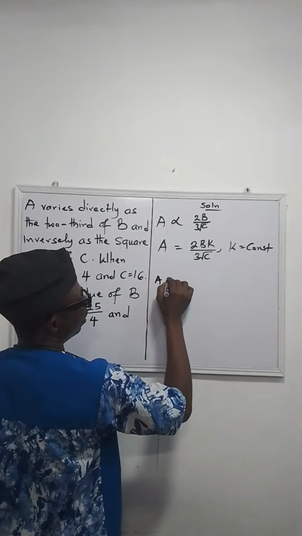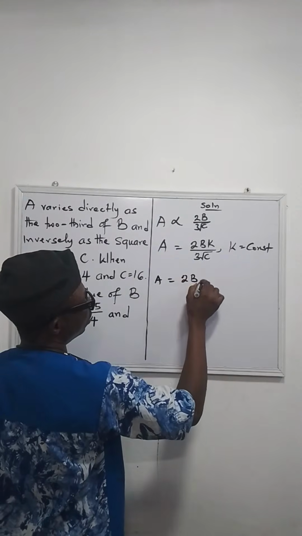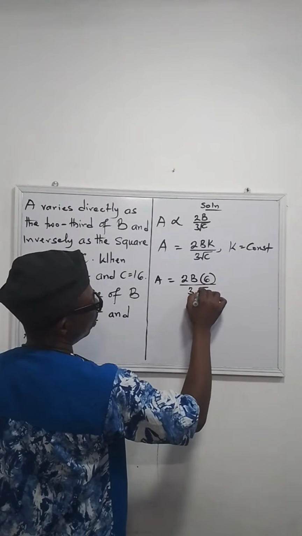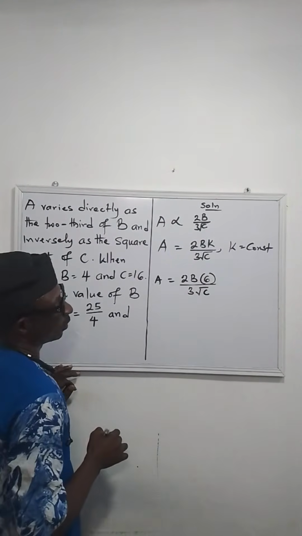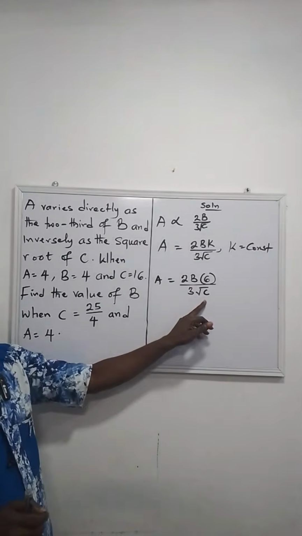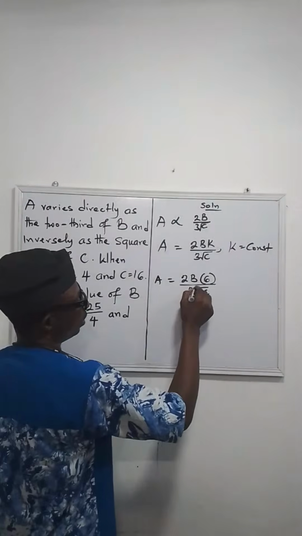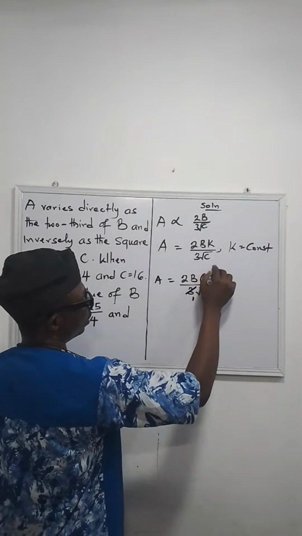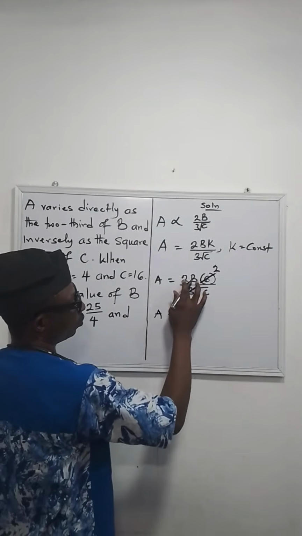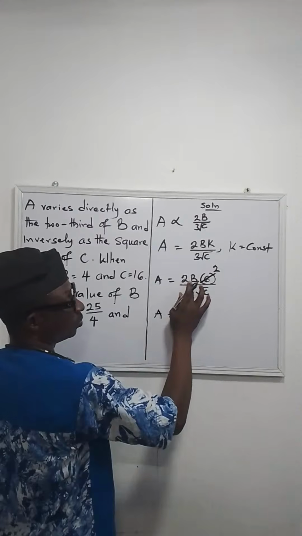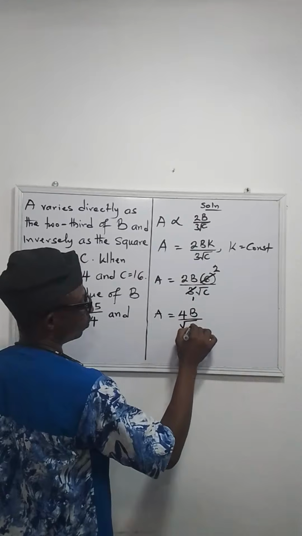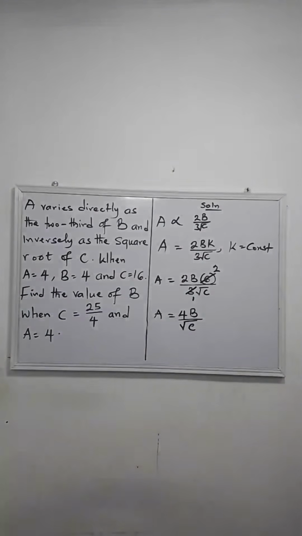We have A equals 2B times 6 over 3 square root of C. This is the relationship between A, B, and C. Now 3 goes into 3 once, and 3 goes into 6 twice. So we can simply write this as A equals 2 times 2, 4, times B, that is 4B over square root of C.